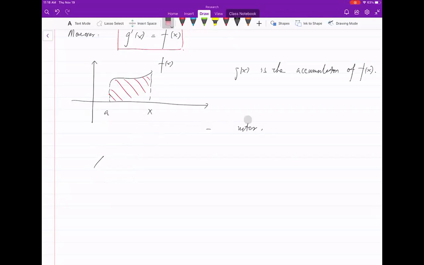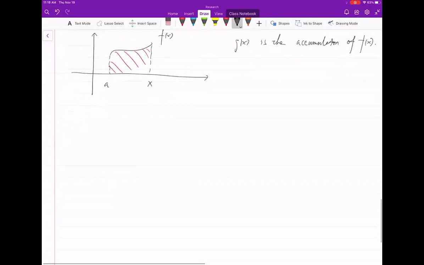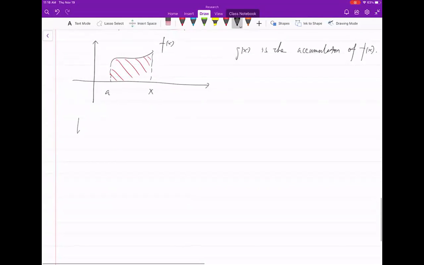All right. To prove it, of course, it requires some careful analysis, but really, you know how to do it. You want to show G prime X is actually Fx. Let's assume you don't know it. Then G prime X is nothing but Gx plus H minus Gx divided by H. That's classic, right?